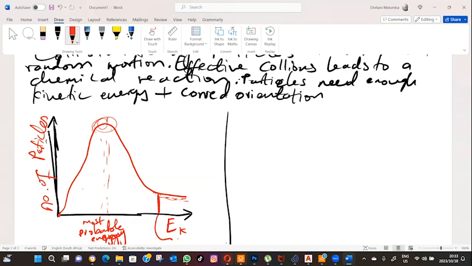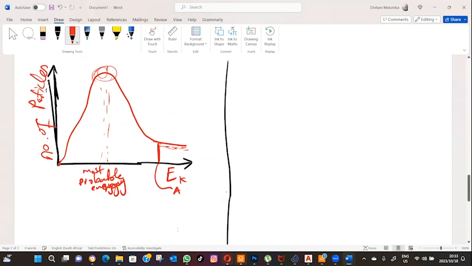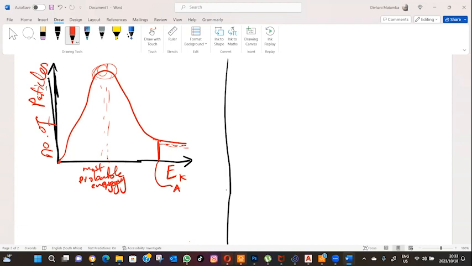Now, there's a cutoff energy. This one is the activation energy. This is the energy needed in order for the particles to start colliding effectively. And as you can see, the amount of particles is now small.